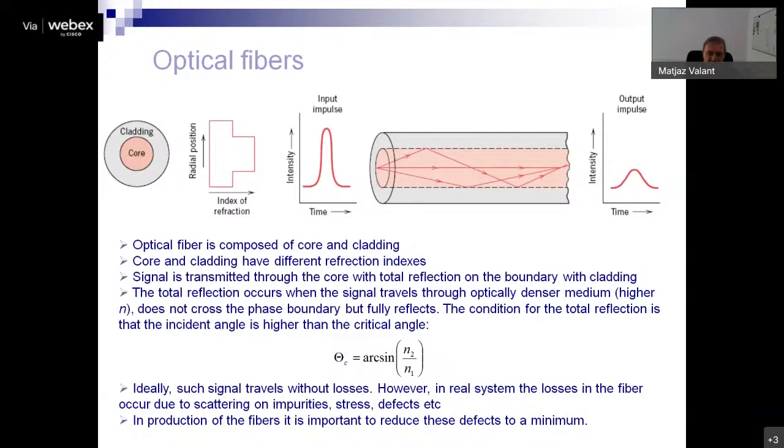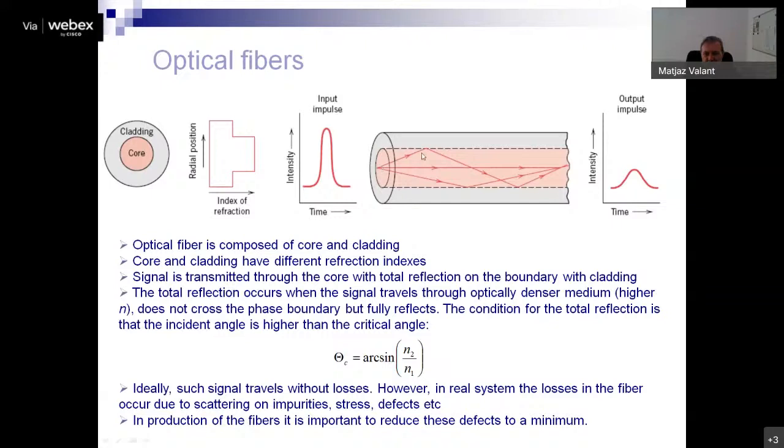Total reflection of the light occurs when the signal travels from a denser medium and cannot cross the phase boundary, cannot refract, but it reflects because the difference in the refractive indices is so high.